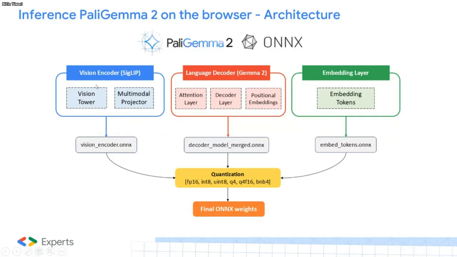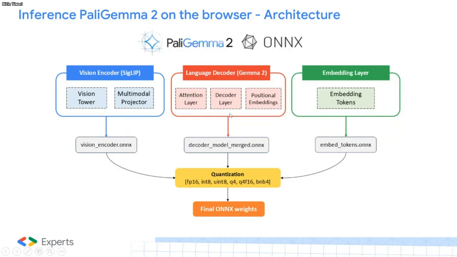It will extract key features like what is the shape, what is the size, what is the color being used, and so on. The multimodal projector will project all those visual tokens through ONNX, Open Neural Network Exchange. It's an open source library used for conversion of models from one format to another. We created a file called vision_encoder.onnx. Similarly, we did this for the language decoder.